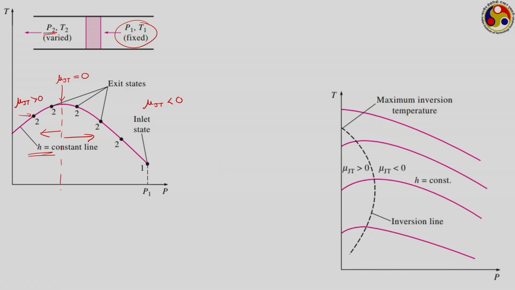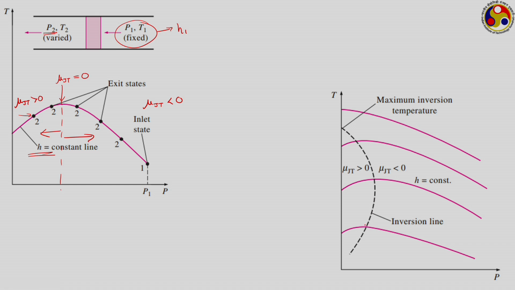Now, if we repeat the experiment for several such inlet states, this inlet state actually specifies your inlet enthalpy, which remains constant during the process. If we modify the inlet state, the value of the enthalpy also changes, and we are going to get a different line. This way we have got several lines by continuously increasing the enthalpy, and for all of them during the experiment we can see that the same nature is repeated.